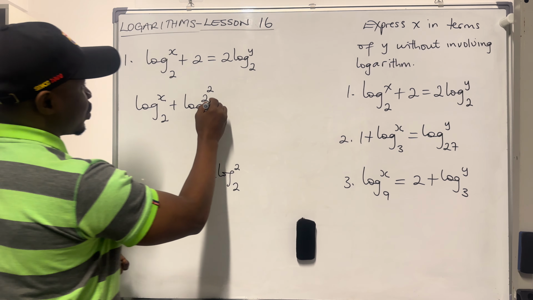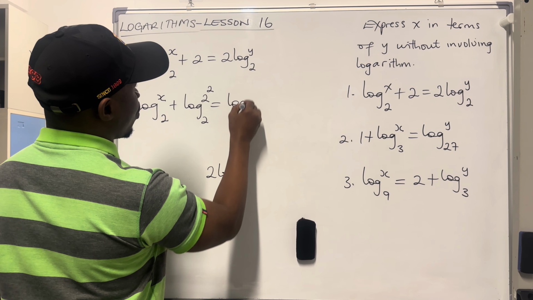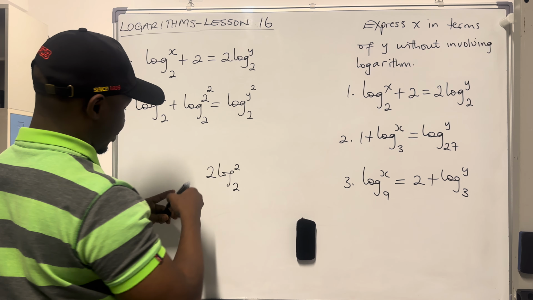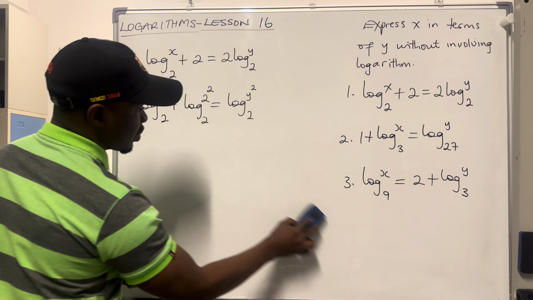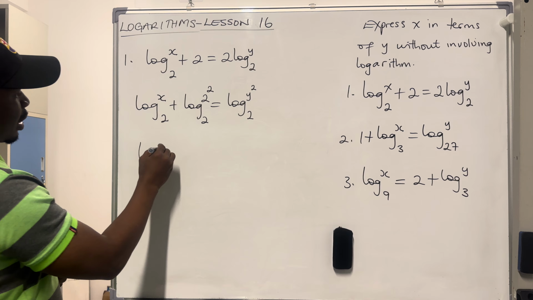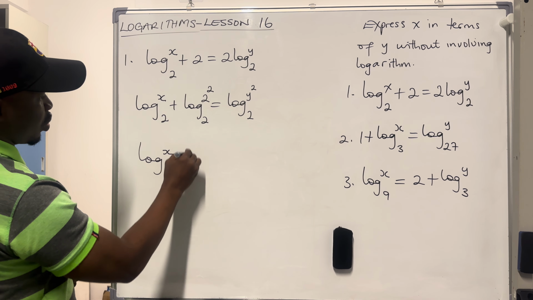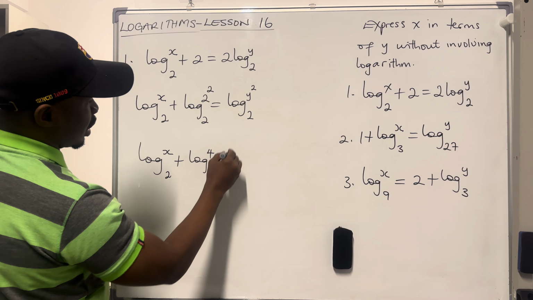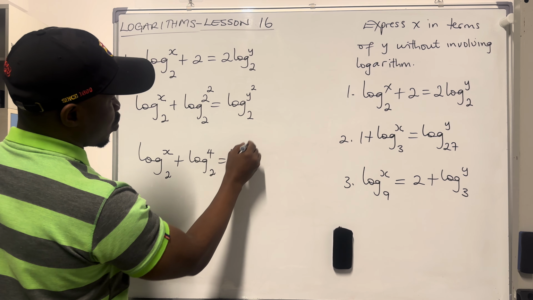All right, so this is log y base 2. This one gets to the top here. So we say log x base 2 plus log 2 squared, which is 4, base 2, equal to log y squared base 2.